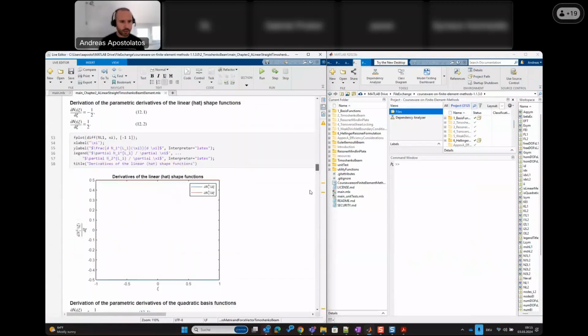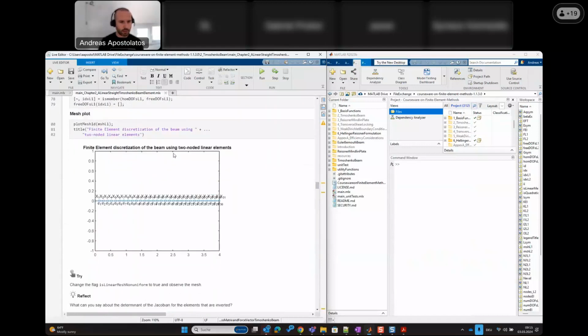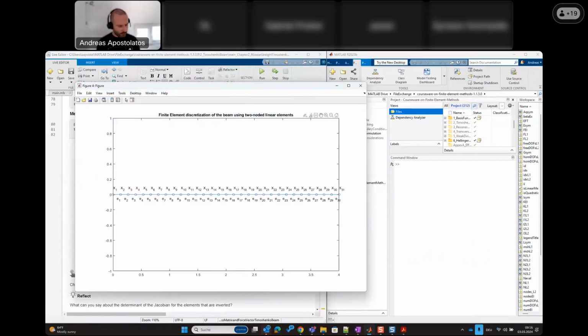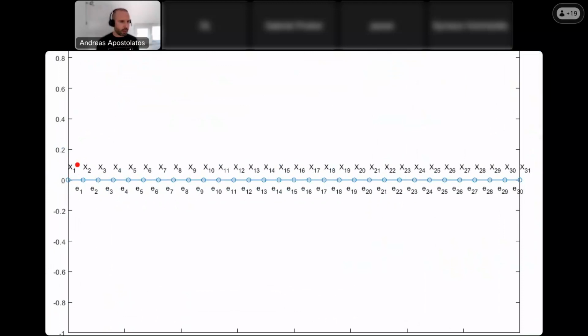Let me see where I should go now. I'm going to open that one up. In each node we have those two degrees of freedom.